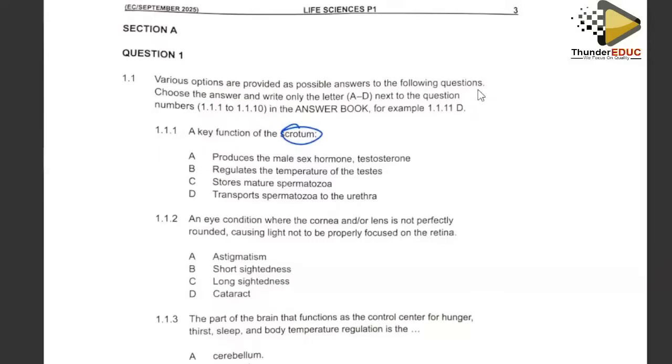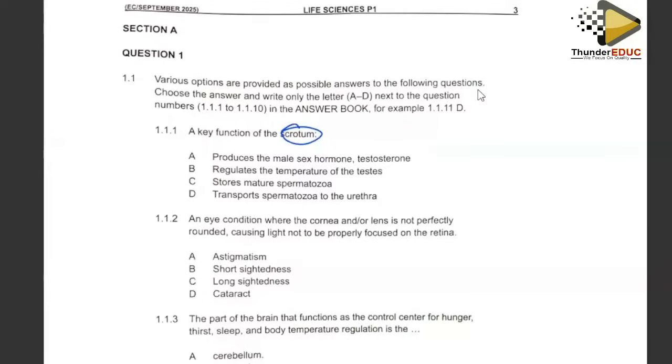If it is too cold, it contracts and pushes the testis up, so the testis is protected from the cold. When it's too hot, it releases them so that the testis can have proper temperatures for the sperms to be produced. So basically the function is to protect these testes.